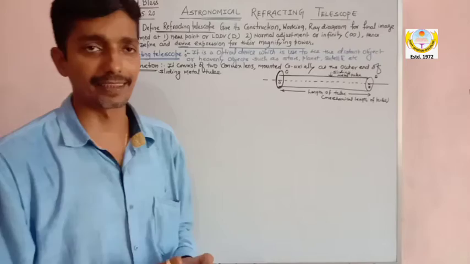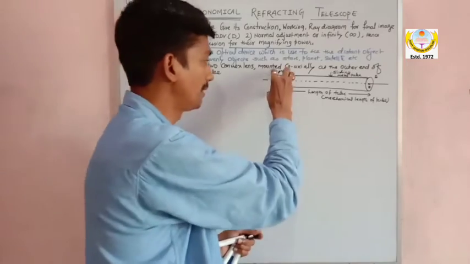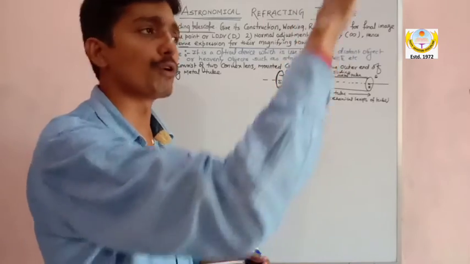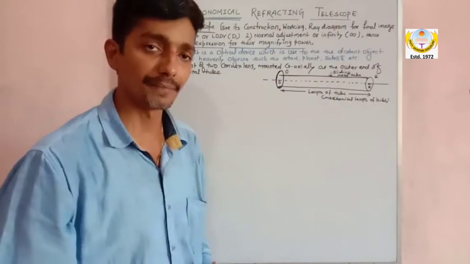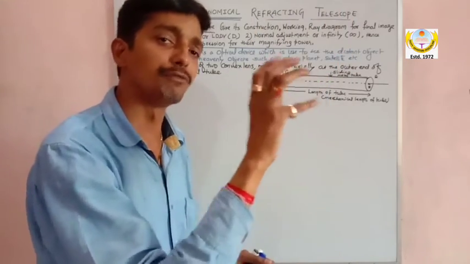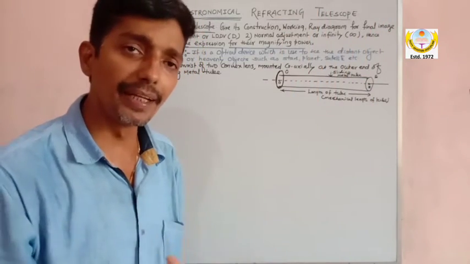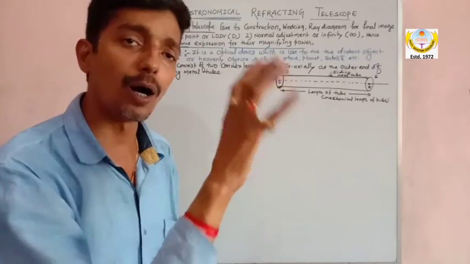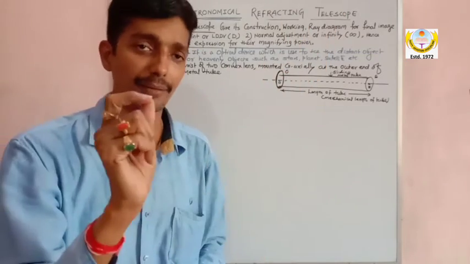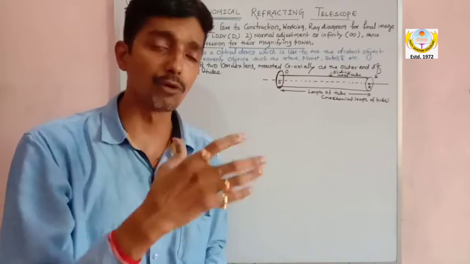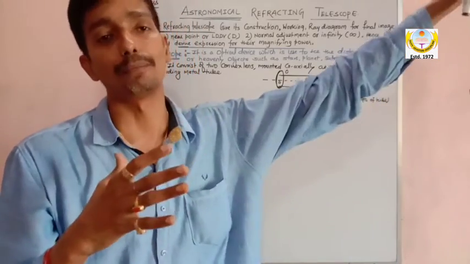People ask how the telescope is used to focus on a distant object. Please try to understand my question. What are we doing to focus the telescope on a distant object?